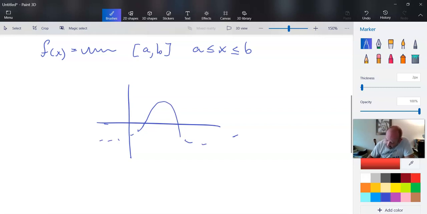If we look at the slope of this thing, as I approach this local extreme value, where the function value is greatest, the slope is 0, right? So whatever this value is at C, f prime of C is equal to 0.